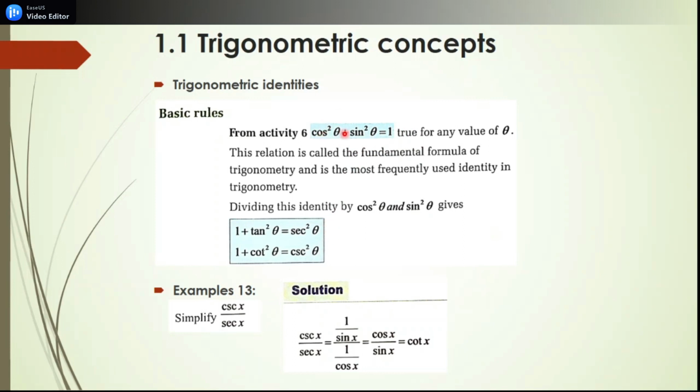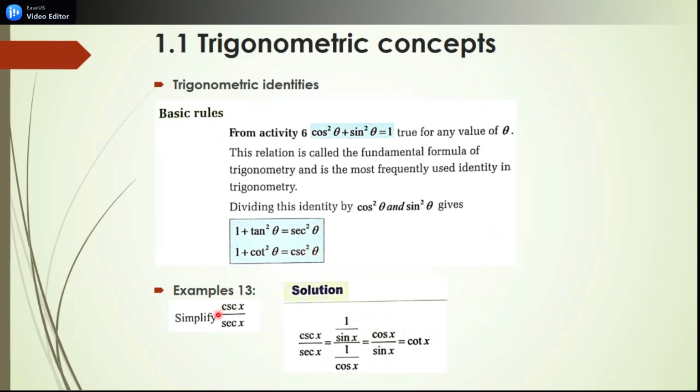When we divide both sides by cosine square, we get 1 plus tan square theta equals secant square of theta. When we divide by sine square, we get 1 plus cotan square of theta, which is equal to cosecant square of theta.